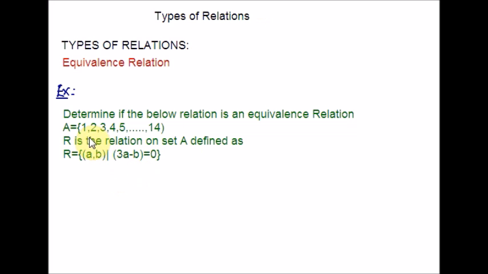If you try 1 and 2, take A as 1 and B as 2. Check whether it is equal to 0 or not. 3 times 1 minus 2 is equal to 3 minus 2, equal to 1, not equal to 0. So you have to do the trial and error method and check what are all the numbers that satisfy this condition, 3A minus B equal to 0.